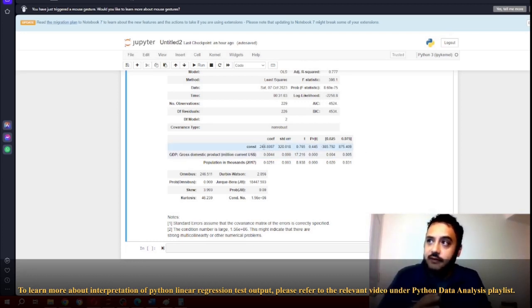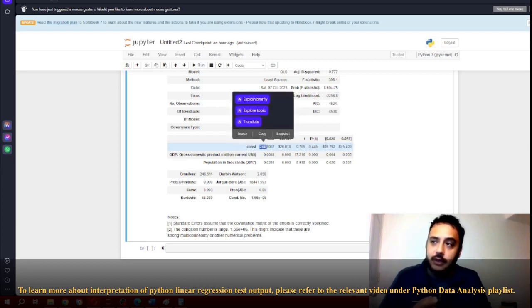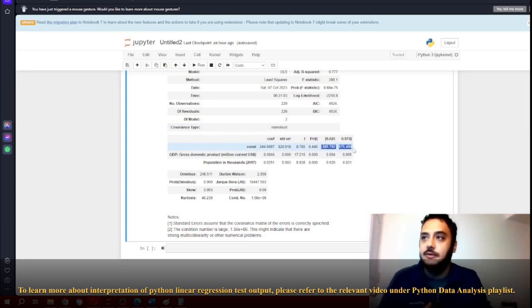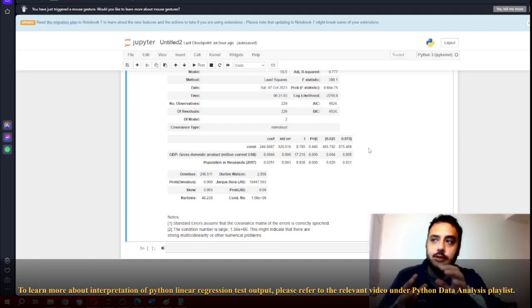So this coefficient would range from minus 385 to 875 with a confidence level of 97.5. In other words, it goes from 2.5% to 97.5% between these two bounds, so you can be sure that your slope coefficient falls between these two numbers.